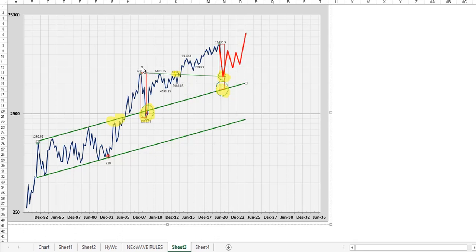So the main point is that we are looking with the rule of polarity, that the earlier resistance line will now become a support line. This is the logic behind 6,356 to 5,118 being our target.